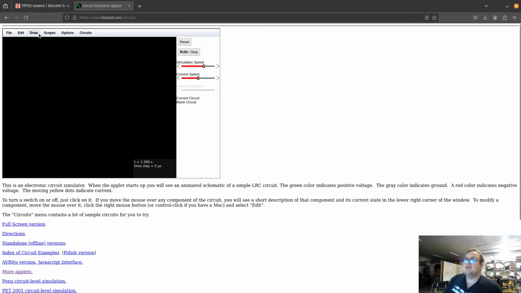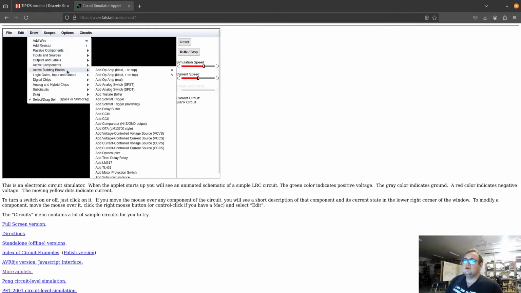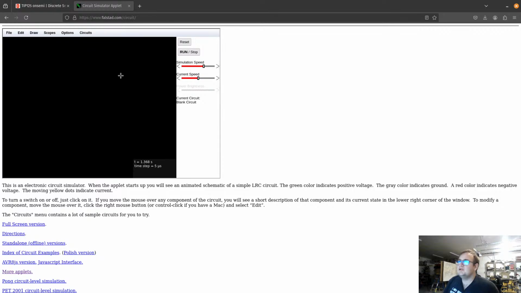We're going to delete that off. And we'll draw active building blocks, op amp. Yeah, plus on top. We're just going to use the ideal op amps for this. Mostly, then I think it is okay.